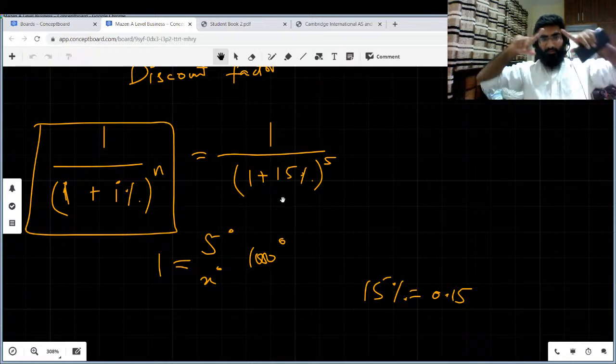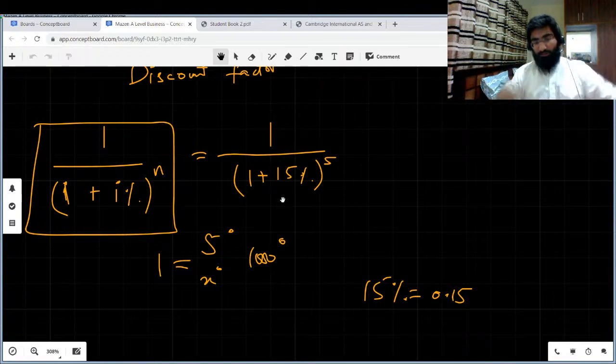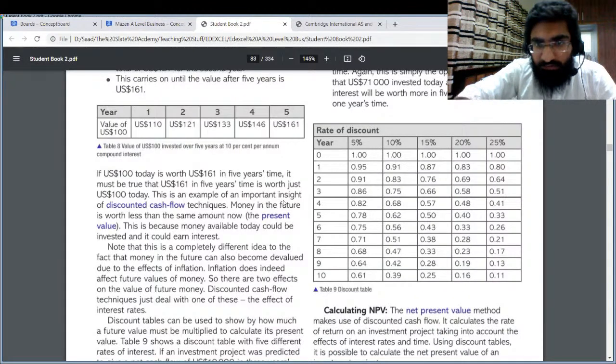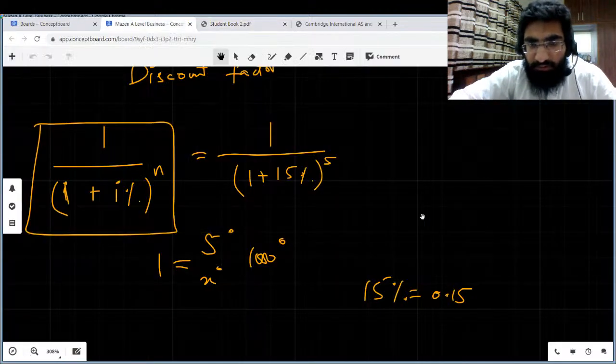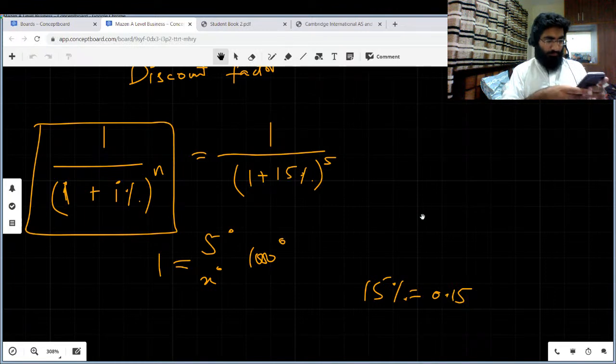Remember to put brackets because this power 5 that we are mentioning is for the complete factor of 1 plus 15%. Fraction 1, denominator, bracket open, 1 plus 0.15, which is 15%, bracket close, raised to the power 5.